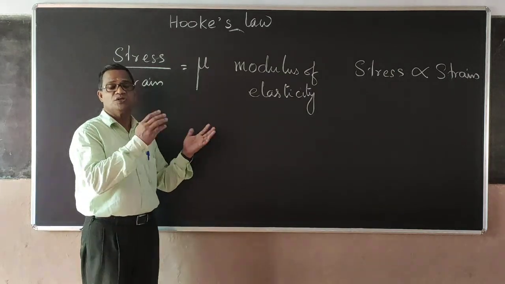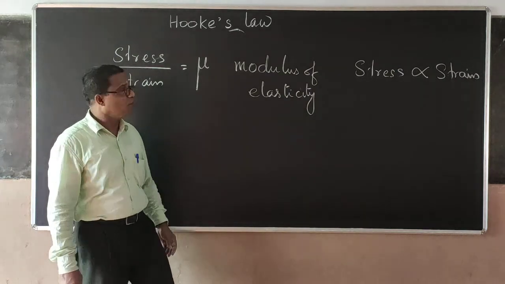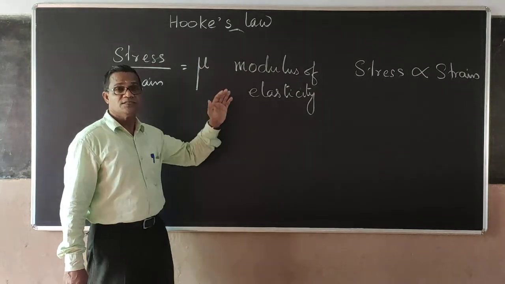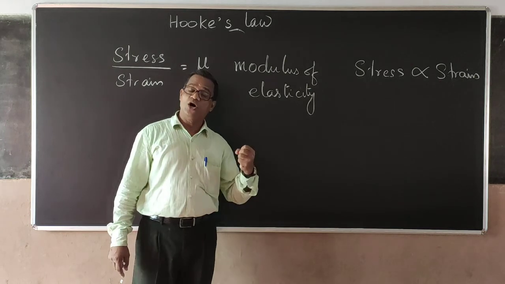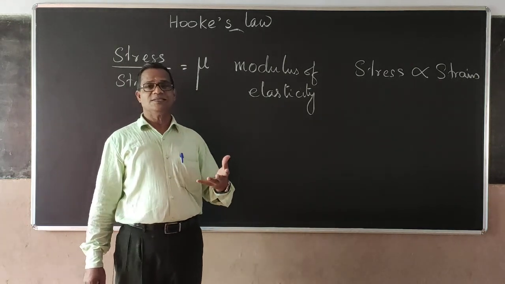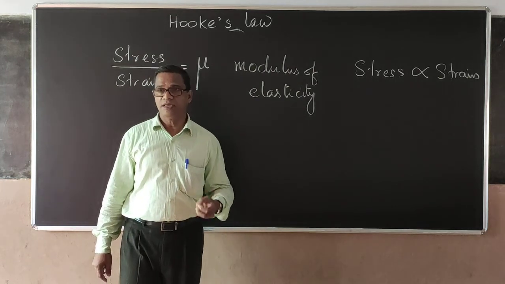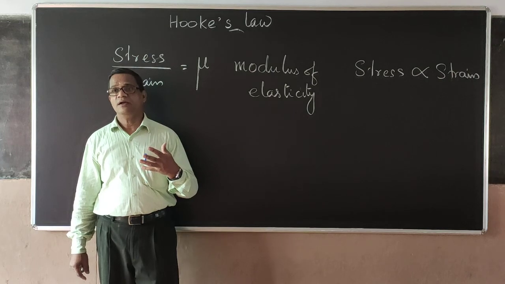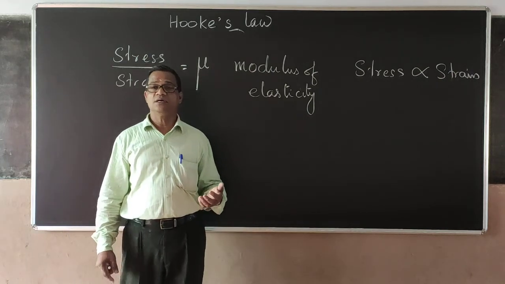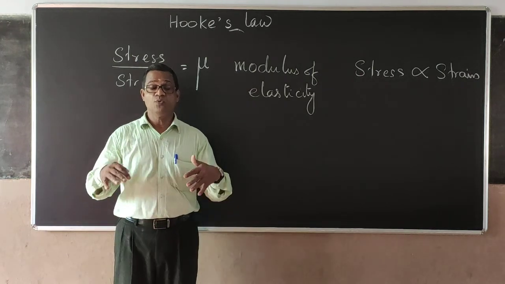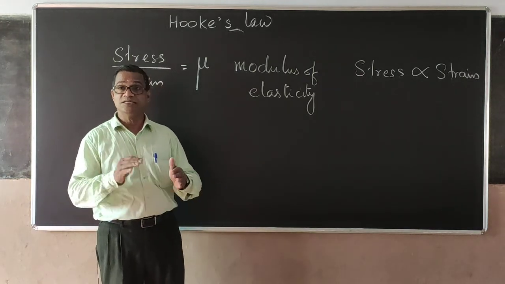Modulus means the measure of the elasticity of the body. Because by finding this value of modulus of elasticity, you can see how much elastic the object is. For example, if a question comes like, which is more elastic, rubber or steel? You will be answering that based on the modulus of elasticities. Which is having more modulus of elasticity, that is more elastic.